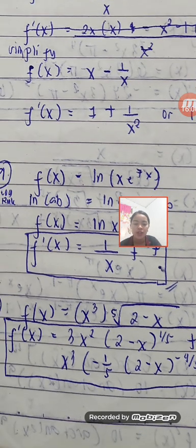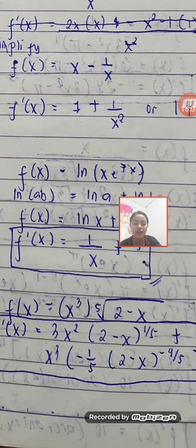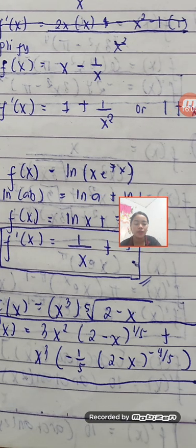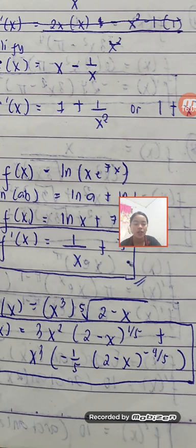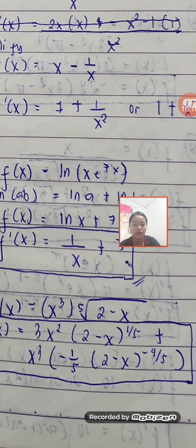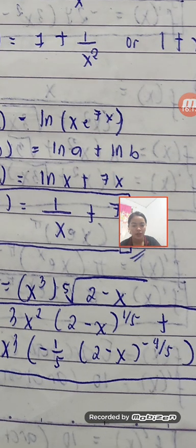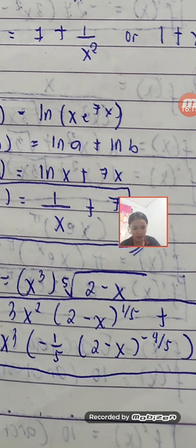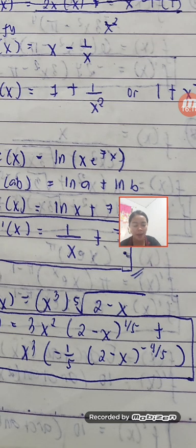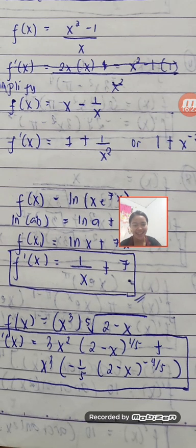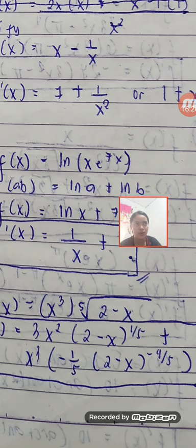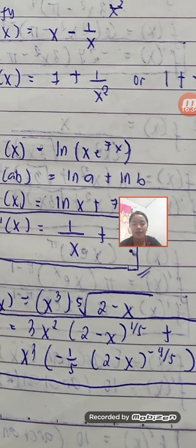So 3x^2 times (2 minus x) raised to the power of 1 over 5, because you can write this root as an exponent. The number 5 here becomes your denominator. That is algebra, so you need to know the algebra before having calculus, because that is your foundation.